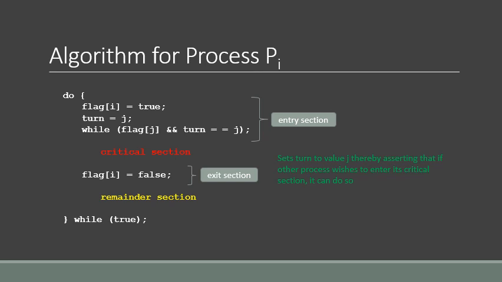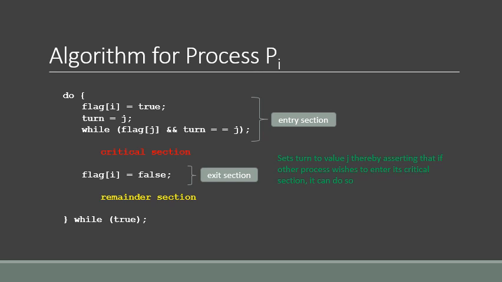If both conditions are true, this means process Pj wants to enter its critical section and it is the turn of process Pj. Hence, process Pi is not allowed to enter its critical section as long as these two conditions are true. If any of these two conditions become false, then process Pi will be allowed to execute its critical section.